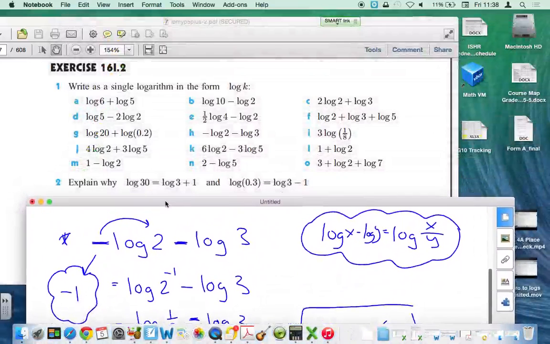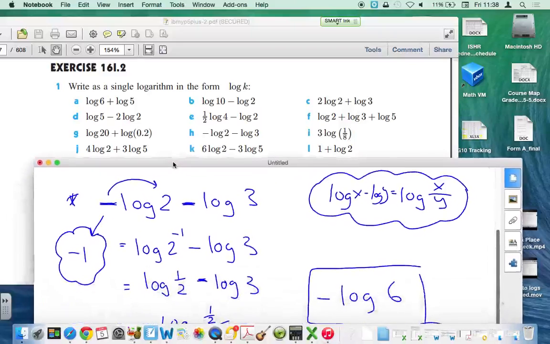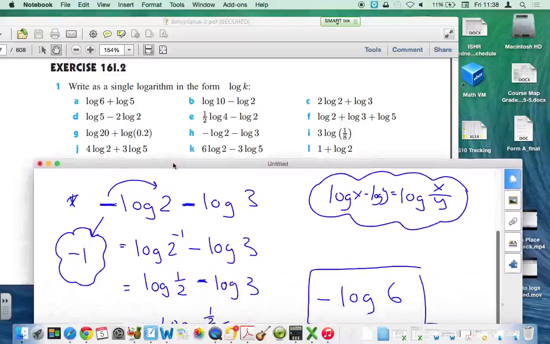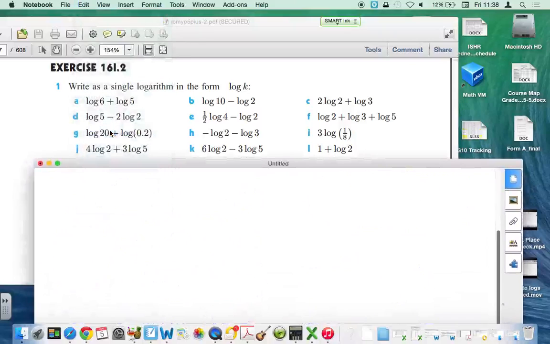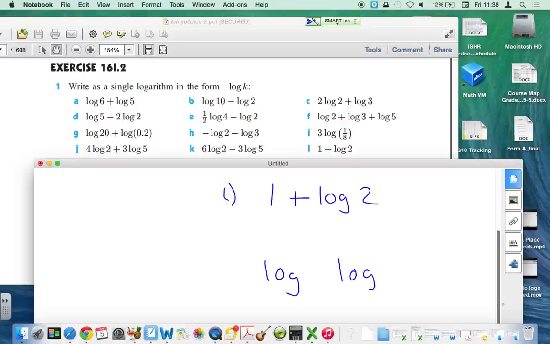So is there any other? Oh, now there was one that you have to watch out for as well. Problems where you just have a number in them. Not so obvious to do. So if I just show you that very quickly here. 1 plus log 2. Right, the trick to doing this, you need to have log if you're going to combine these things.